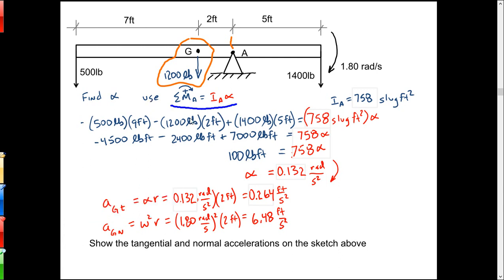So I got the sum of moments about A equals IA alpha. And I just go ahead and kind of collect the terms here and find the moments that they create. 500 pounds has a 7 and 2, makes a 9-foot offset. I'm calling clockwise positive, so that'll be negative. And then I've got 1,200 pounds times 2 feet, and that'll be negative as well.